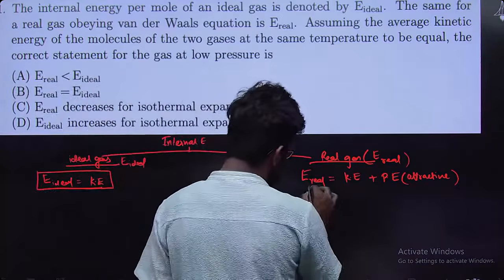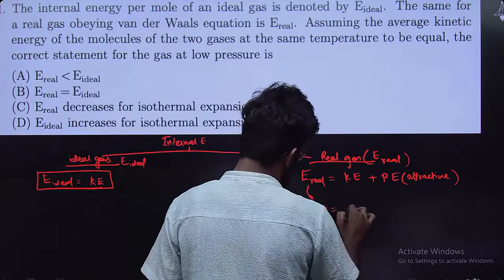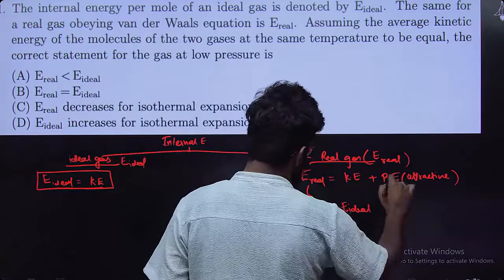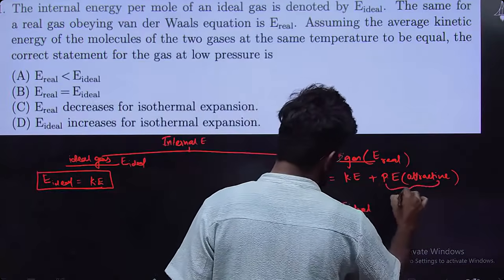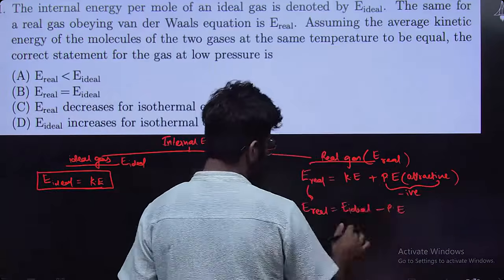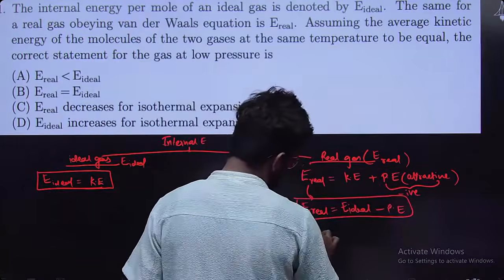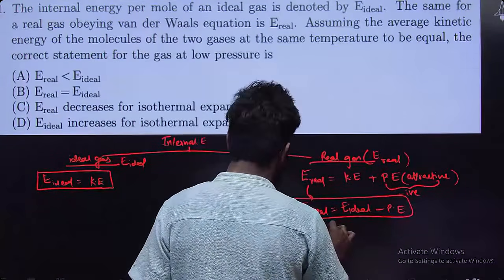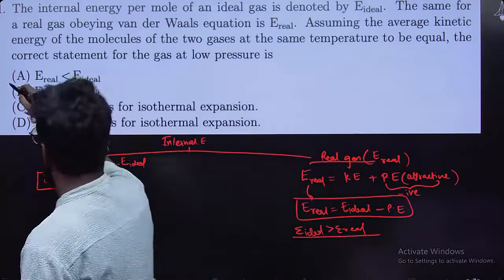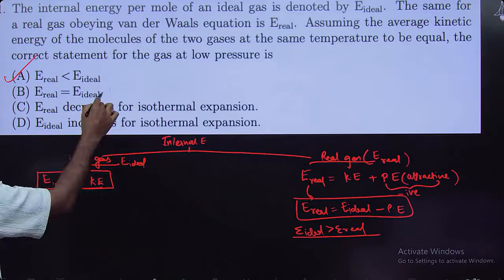Now we can simply write that E real equals E ideal plus potential energy, because this is kinetic energy plus potential energy, but since this is attractive potential energy, it should be of negative magnitude, so whatever value you place here, it will be negative. Following this, we got an idea that E ideal is greater than E real, and following that, the first option is correct. Now if this is true, this cannot be true, right?